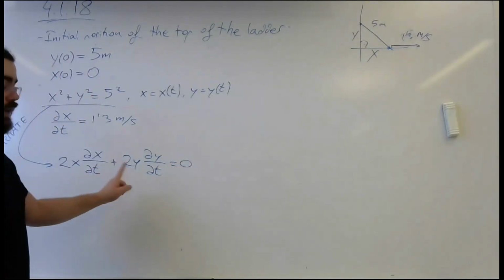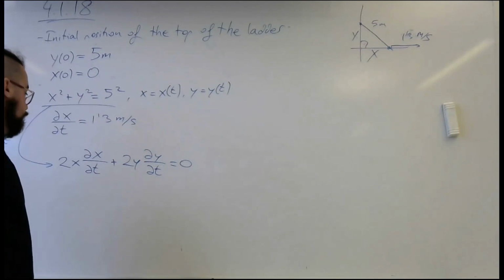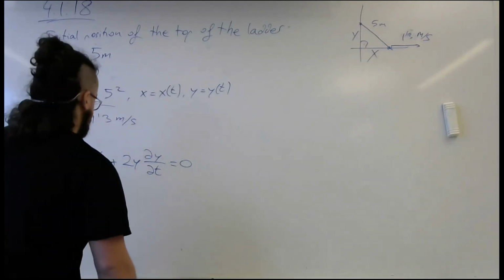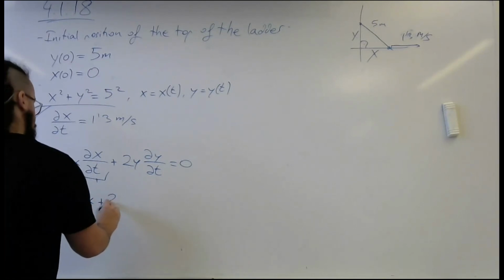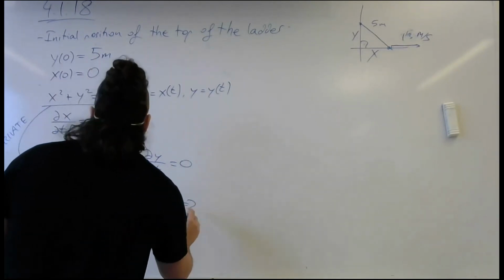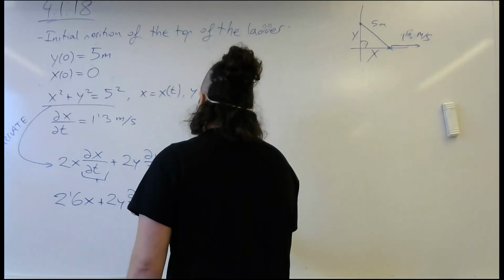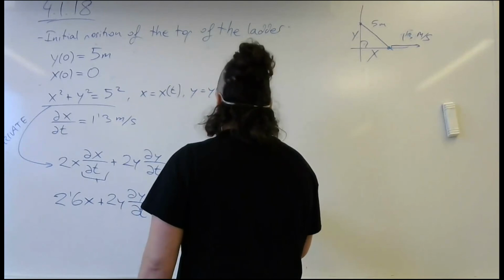Now, x and y are functions of t. So when you derivate them, the derivative appears here. Now we know that this is fixed. This is fixed. So we have here, 2 times 1.3 x plus 2y dy/dt equals 0. And so dy/dt is minus 1.3x divided by y.